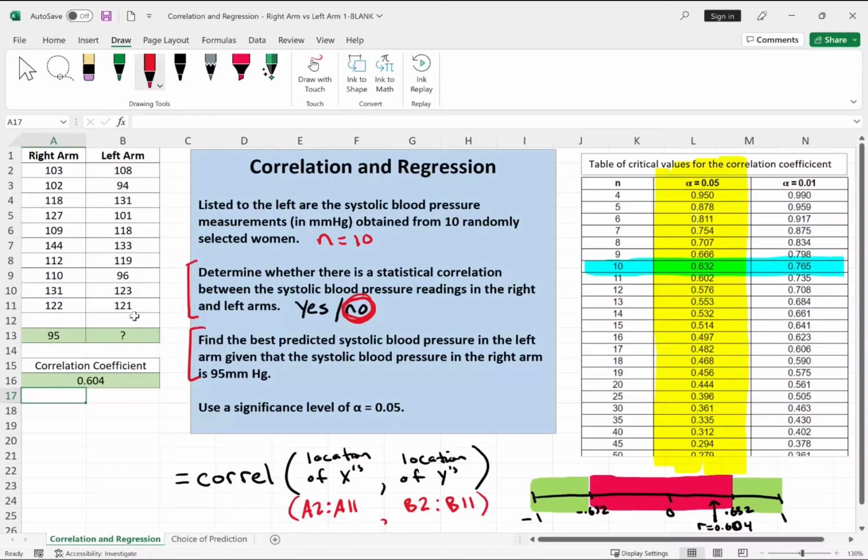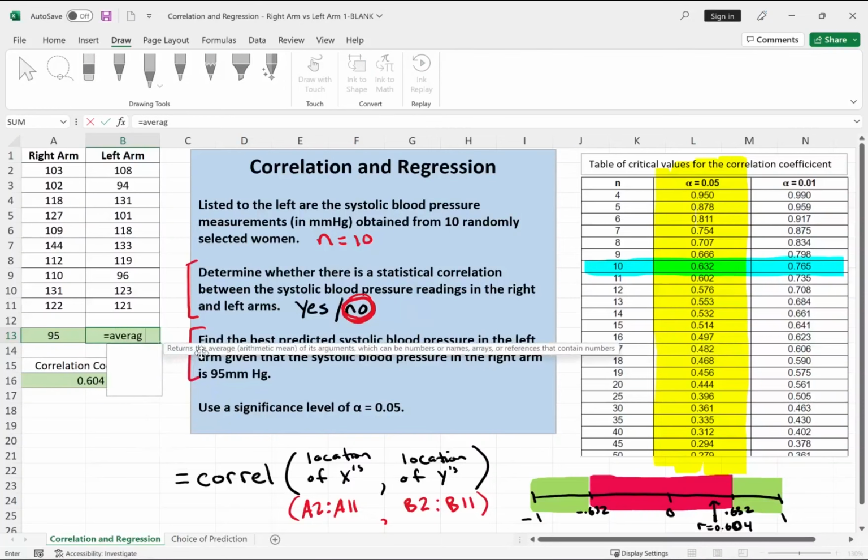Okay, so for the answer to the second question, in place of the question mark, let's use the average function. We're going to take the average of the y values, B2 to B11. And we get 114.4.